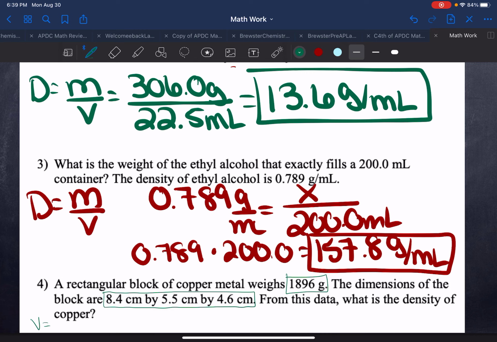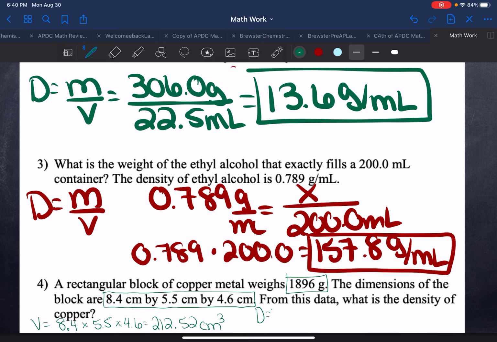The volume is 8.4 times 5.5 times 4.6. When I do that, I'm going to get 212.52 centimeters cubed.